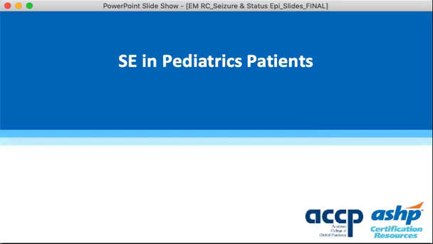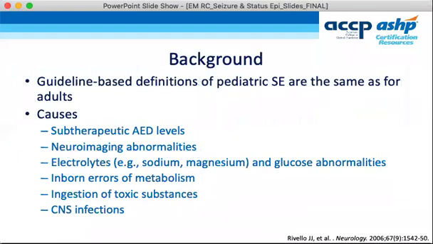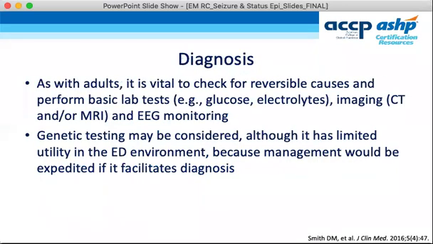Now we're going to move on to status in pediatric patients. So easy thing is our guideline-based definitions of pediatric status are the same for adults, okay? Causes can include subtherapeutic levels, neuroimaging abnormalities, electrolytes such as sodium, magnesium, or glucose abnormalities, inborn errors of metabolism, CNS infection, and ingestion of toxic substances.